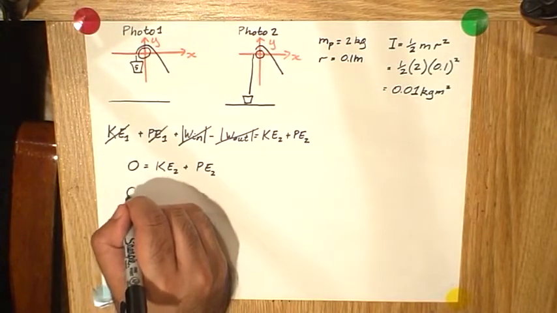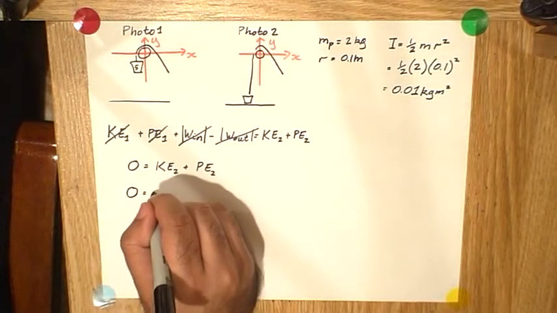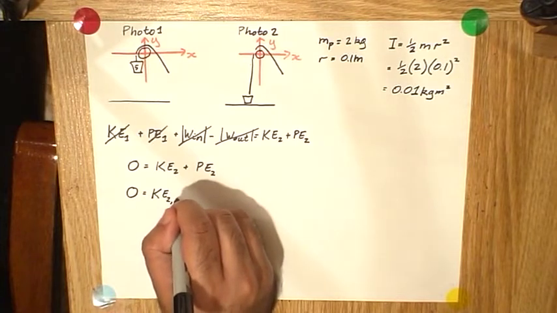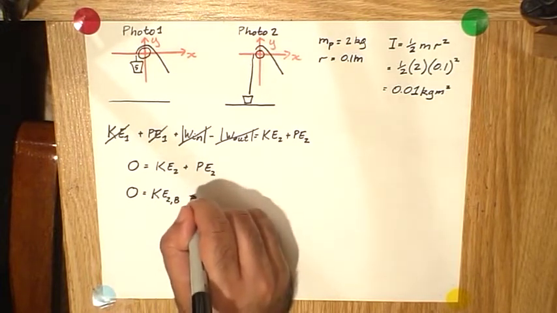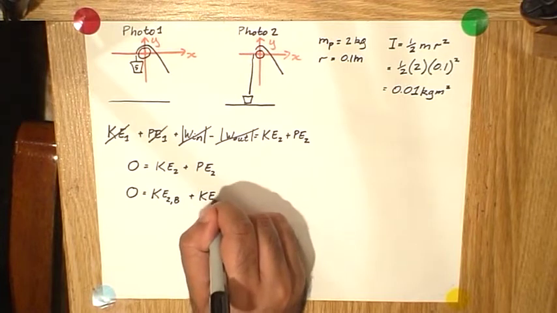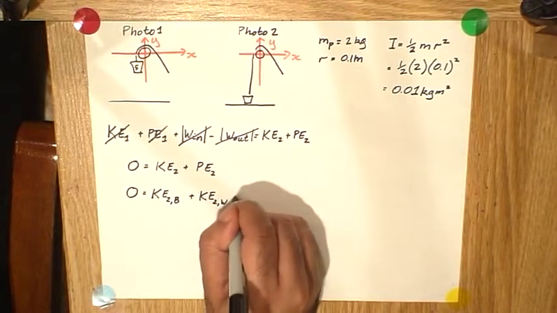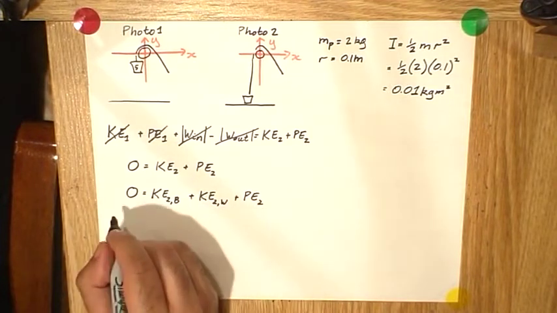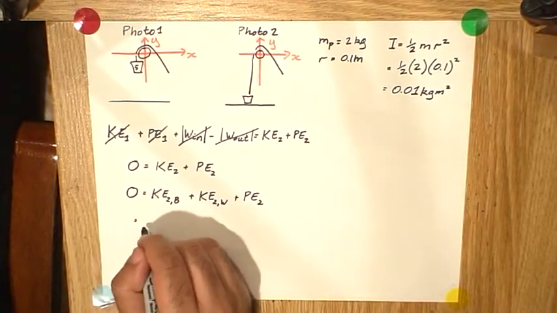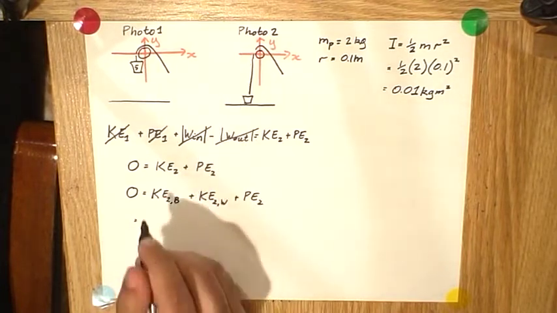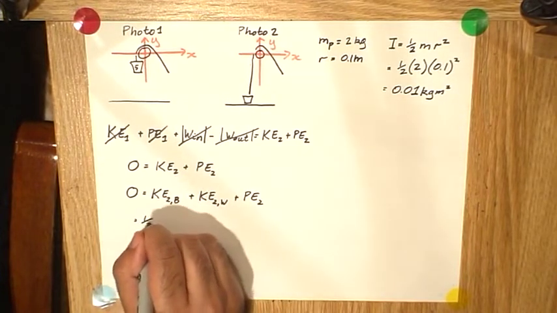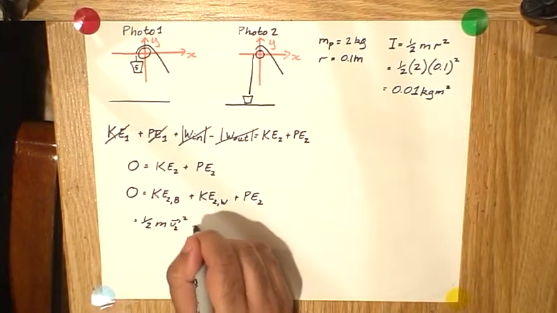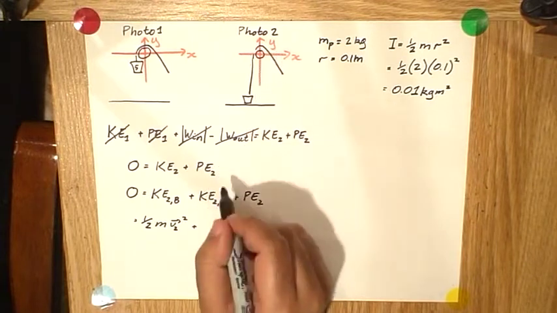So what we have is, we could say something like this. 0 is equal to the kinetic energy in photo 2 due to the bucket plus the kinetic energy in photo 2 due to the wheel plus potential energy in photo 2. Now let's start expanding all this. The bucket is moving in linear motion, so linear kinetic energy is 1/2 mass times velocity squared plus KE2 of the wheel.